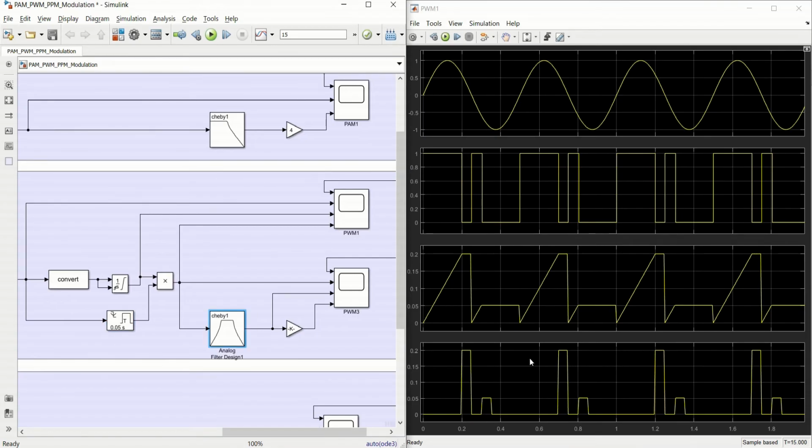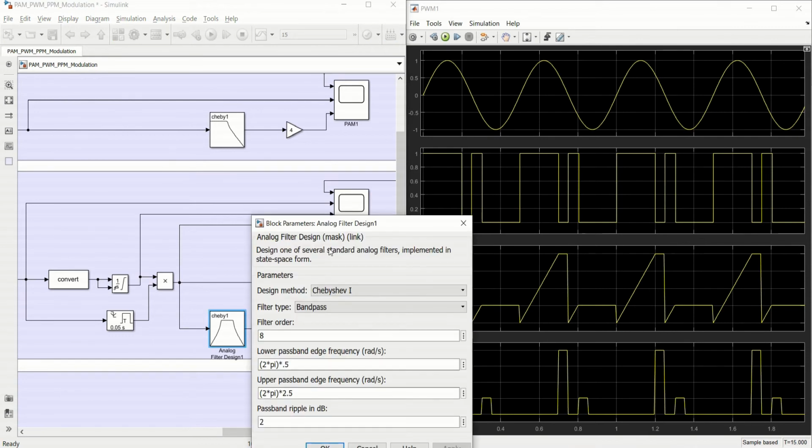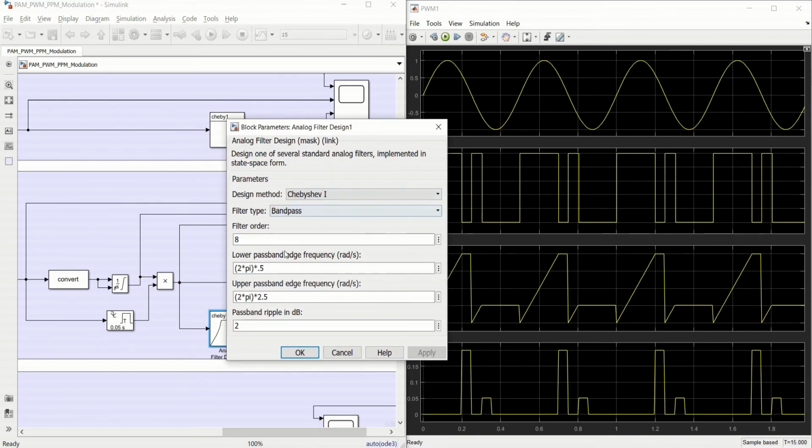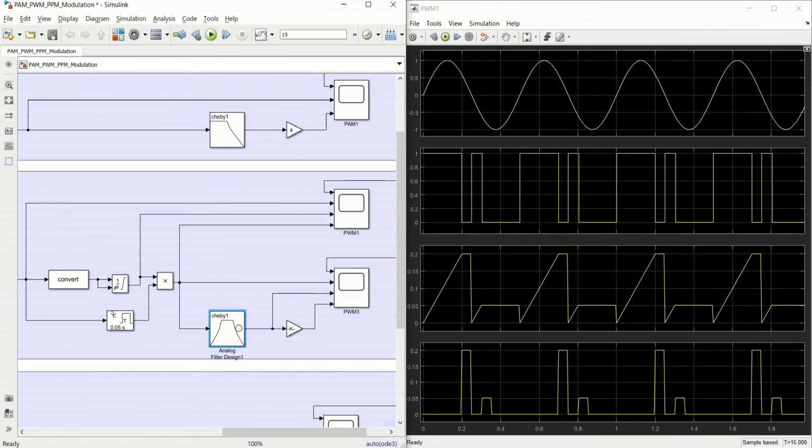Now for this signal, for the fourth waveform, we use a band pass filter, which is expressed over here. So we have used a band pass filter to remove the DC value as well from this signal. These are the parameters. It's an 8th order band pass Chebyshev filter, and then the output of this filter is fed to this second scope.